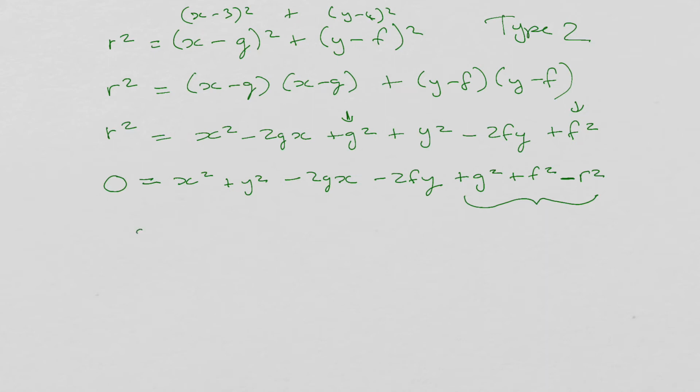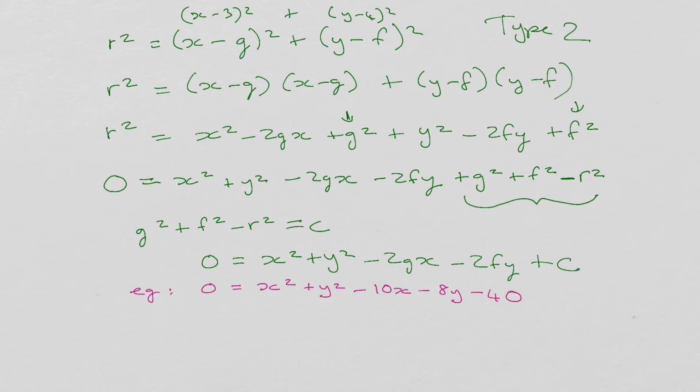This thing over here is called c. So g squared plus f squared minus r squared is called c, which stands for constant term. So the format you usually get these in is this: x squared plus y squared minus 2gx minus 2fy plus c.